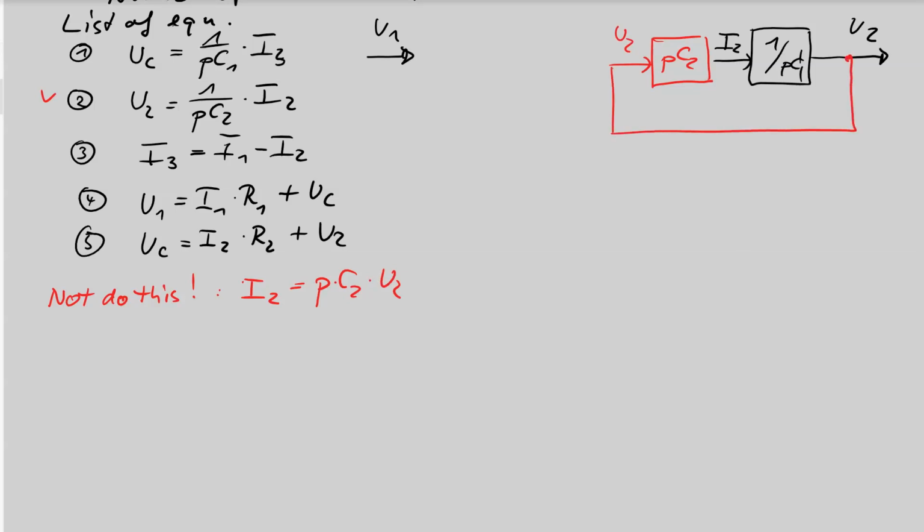I connect now this, and you see now there is no open input. U1 is hanging in the air. You have no chance to connect this, because how can you now connect this isolated block with any input. So if you do this, you don't get any solution. This is wrong.